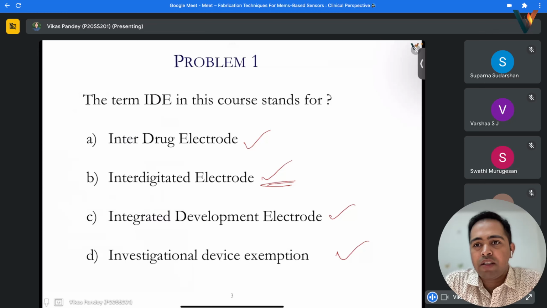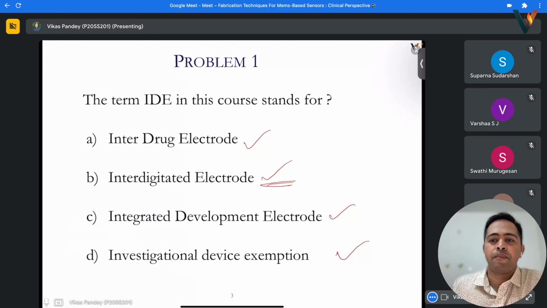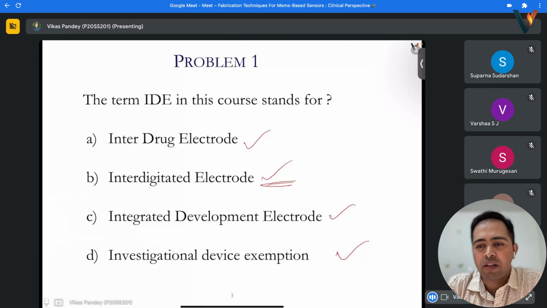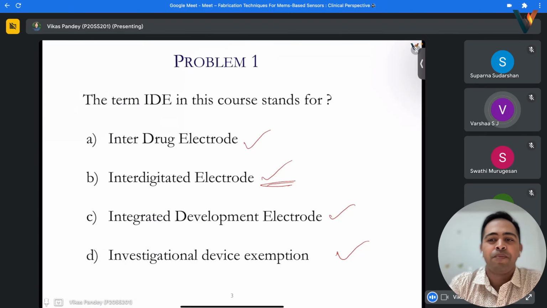Anyone? I think Shuparna, Sudarshan, are you there? Shwati, hello. Option C, why? And I think Varsha, you replied B, right? Okay, so be ready with why also, the answer for why.